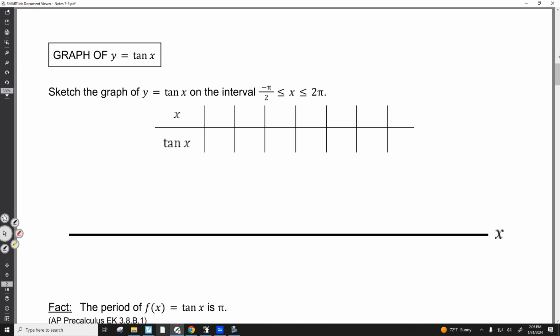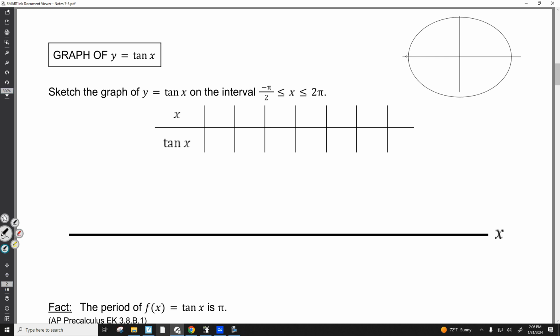What does the graph of tangent look like? Now, we're going to keep this simple. We know our unit circle really has 4 key points that help us understand the graph of sine and cosine. What are the 4 key locations in our unit circle for the parent function of sine and cosine? Tell your neighbors. Good.